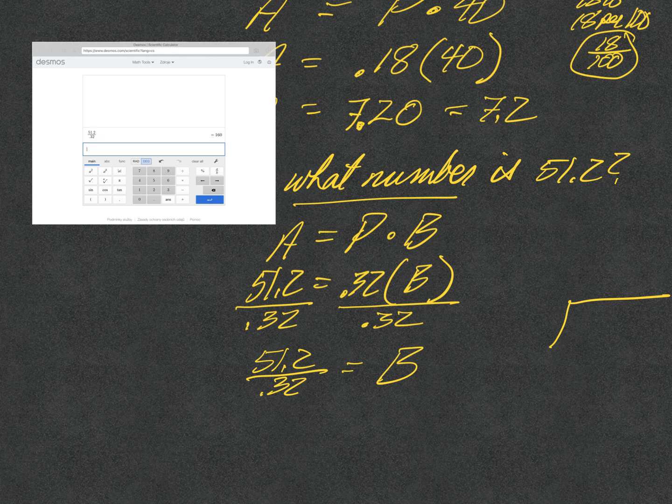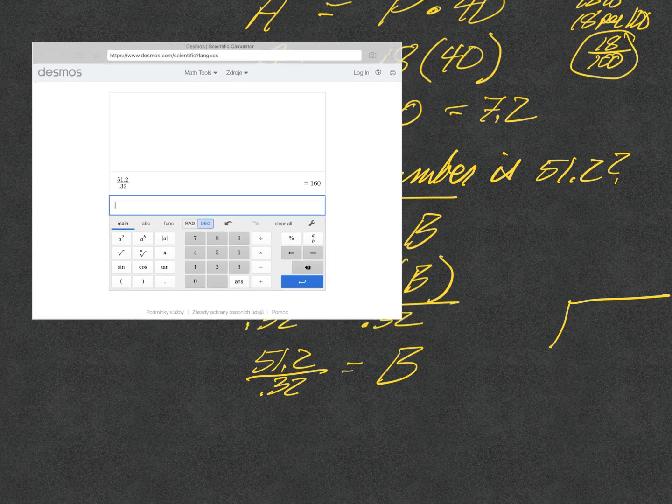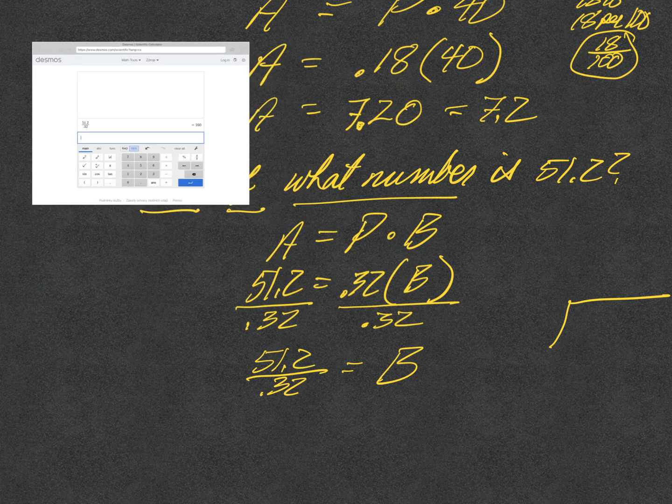And that answer is 160. So if I make it a little bigger, you can see it's 160. So 160 is the number we were looking for. So 30% of 160 is about 50. That makes sense. It's about 1/3. All right? So that's the kind of process you want to go through.